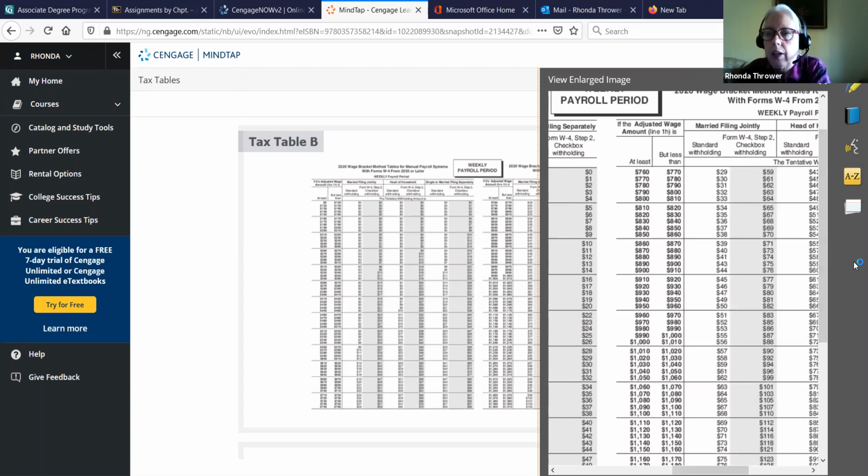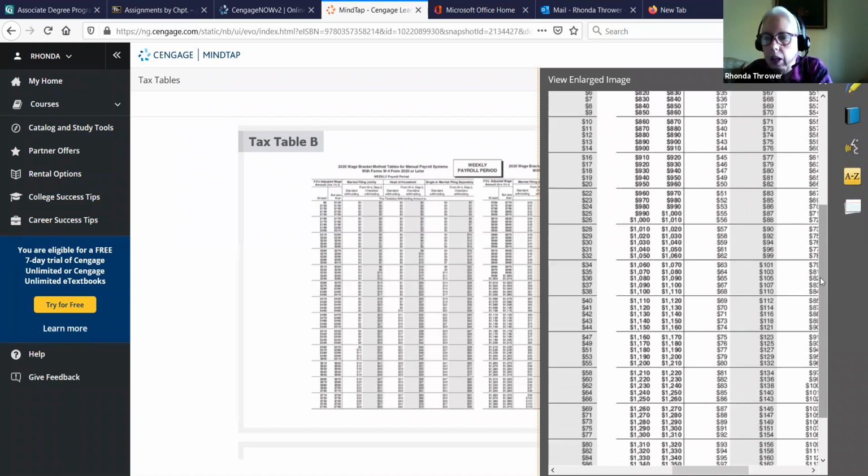And I'm going to find on my weekly table the amount of my wages between or up to 1,060. So I'm going to scroll all the way down. And you see here, they've got 1,060 right here, at least, but not more than 1,060.